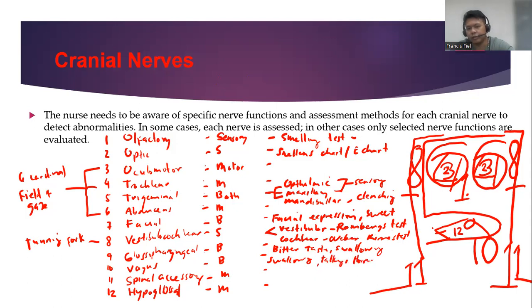I-assess mo dito yung hoarseness of sound. Also, spinal accessory, you will test through shoulder shrug. You put your hands on the patient's shoulders. Hypoglossal is the movement of the tongue. You ask the patient to move the tongue up and down, side to side.